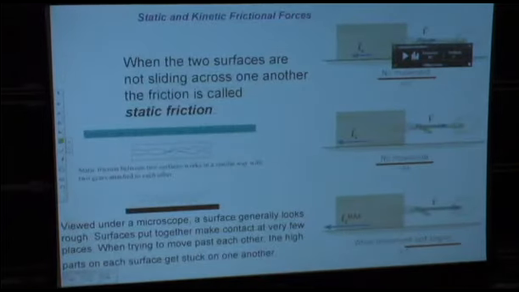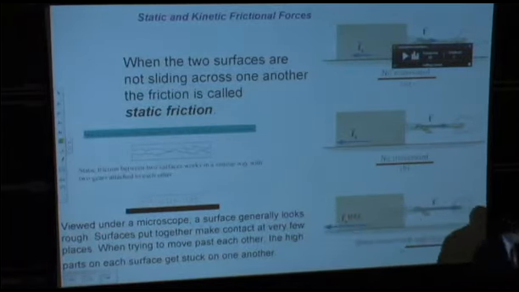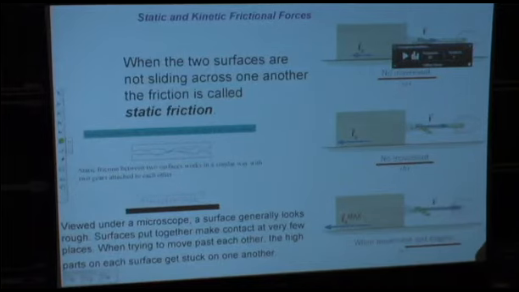The next important force, friction. Well, a box, it's at rest, which means it's in equilibrium.